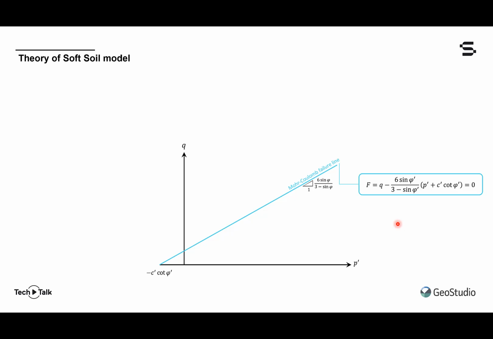Shown here is the equation for the Mohr-Coulomb failure line, f equals mx plus b. In this case, the slope, m, is related to the friction angle by this relationship. X is our x-axis, p plus c cotangent of the friction angle, and the intercept is q.